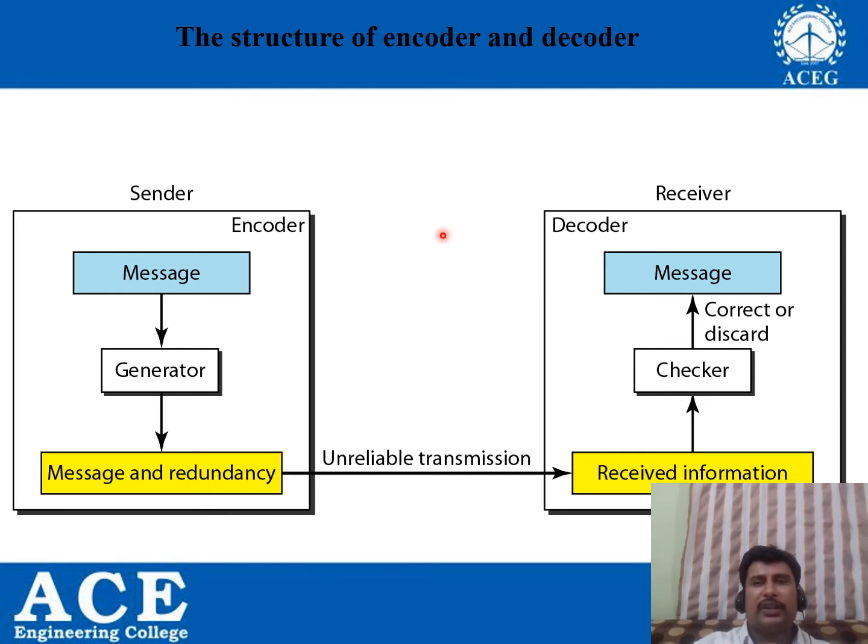Before this, let us recollect one of the definitions which we gave in the beginning for redundancy. Redundancy is a process in which you add some extra bits along with the original data for the purpose of error detection and correction. Now let us take this simple encoder and decoder.